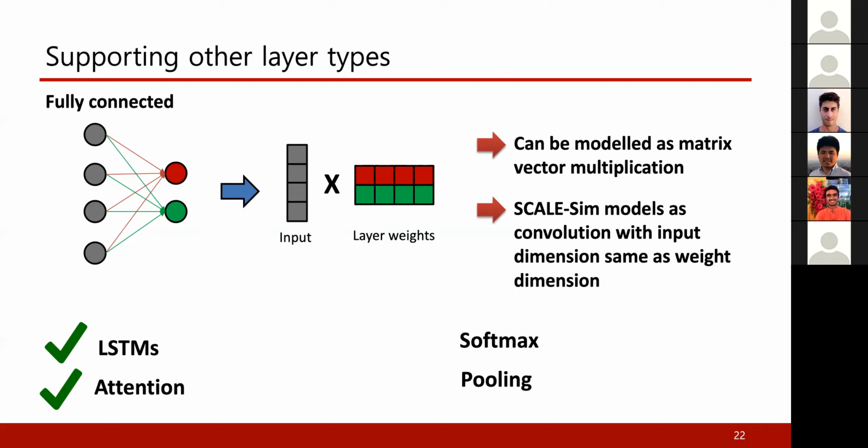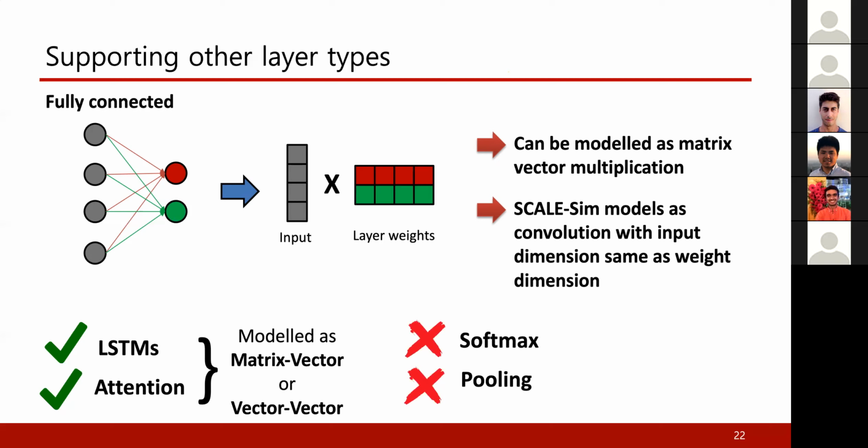But things like softmax and pooling operations, which have nothing to do with this matrix multiplication motif, are currently not supported in ScaleSim, although we do have plans to accommodate them as well with the new version we have coming out now.